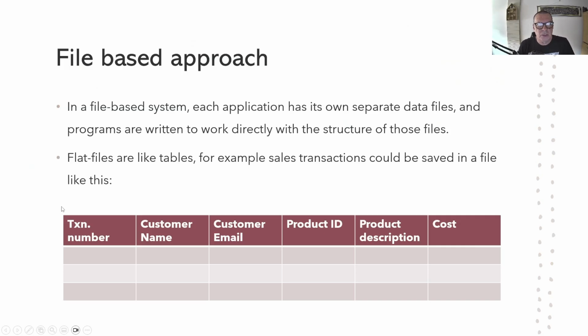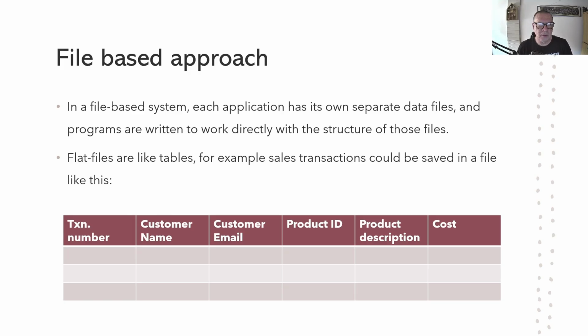So we could take a file-based approach to storing data on computers. But in a file-based system, each application might have its own separate data files, and the programs will be written to work directly with the structure of those files, so they're very closely related and dependent. A flat file means a table, where, for example, you might have transactions saved in a file, one after the other, being stored over and over again.